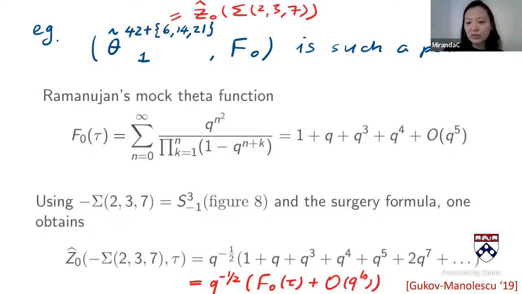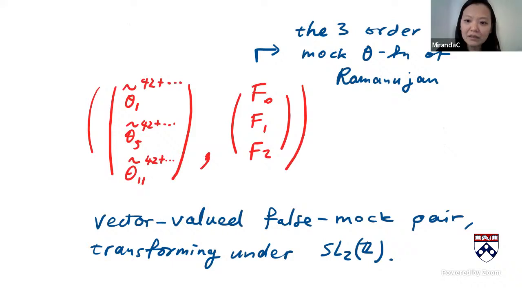But due to its relation with the figure 8 knot, they write it down, and then turn by turn, you could see, lo and behold, it is indeed the same as Ramanujan's mock theta function of order 7. So that's beautiful. I was very, very happy about that.